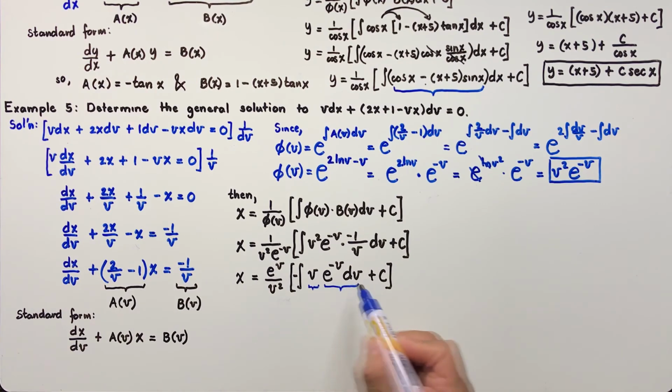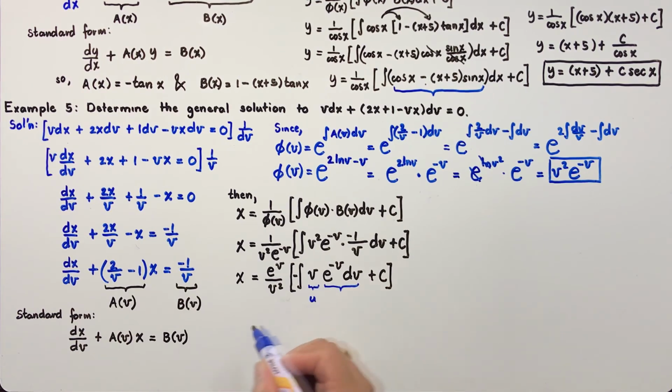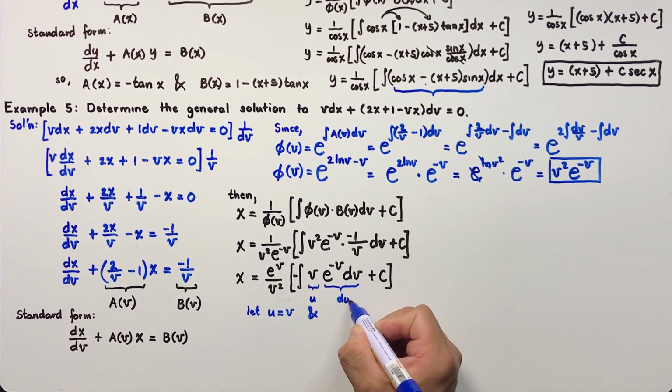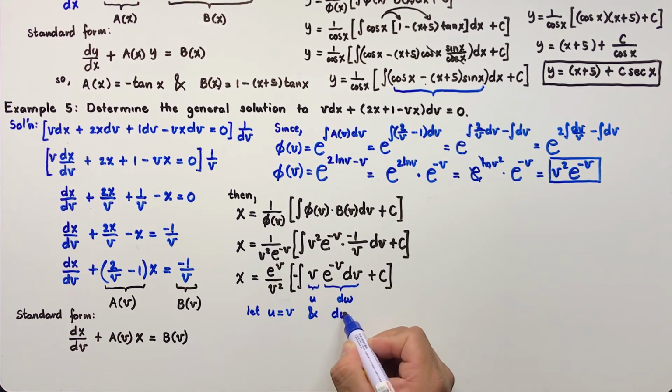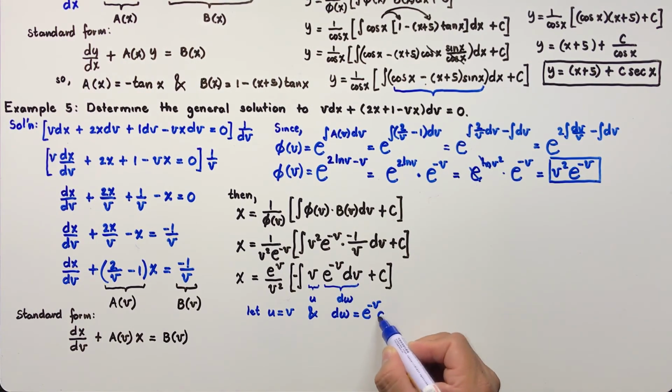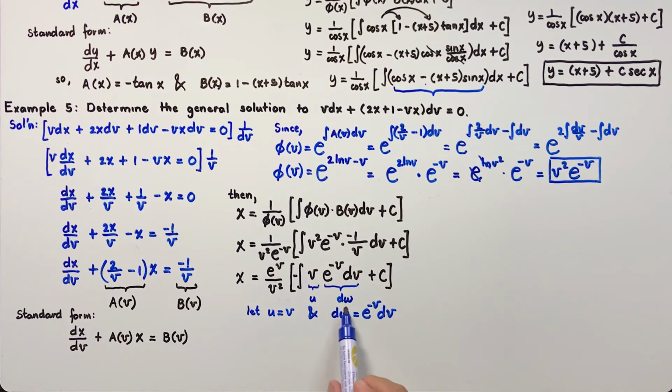So we apply here integration by parts. When you let u be v, the remaining part is our dw, so dw is equal to e to the power negative v dv. I'm using dw because we have already dv here. So finding the du is dv here, and finding the w, we need to integrate both sides of the equation.